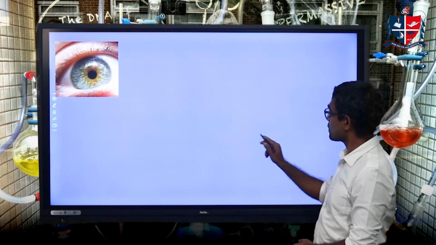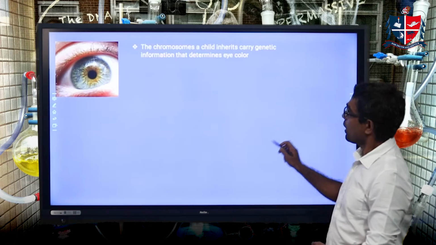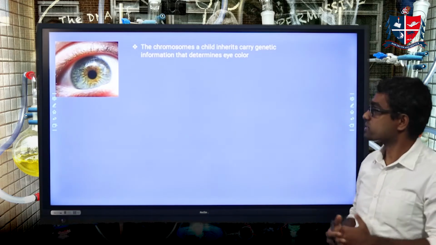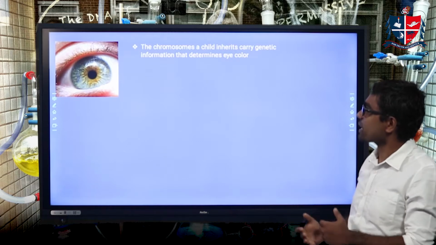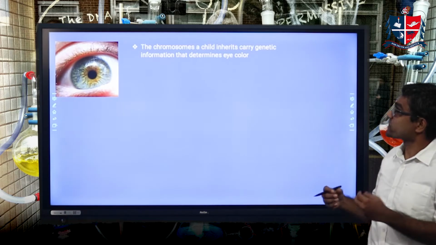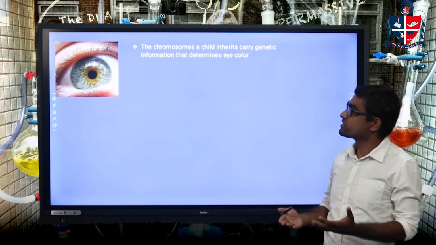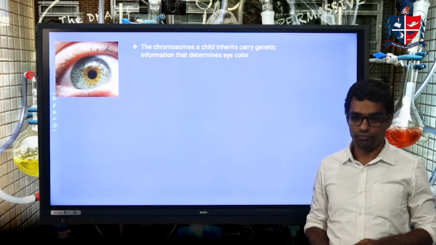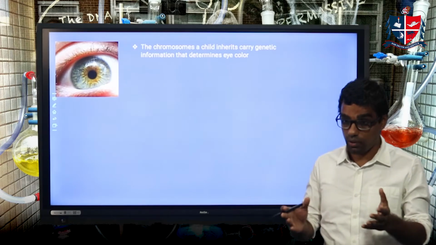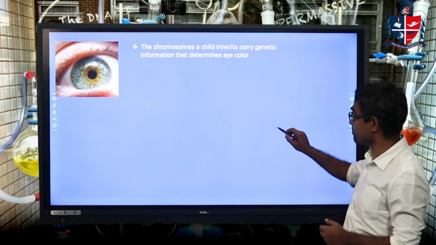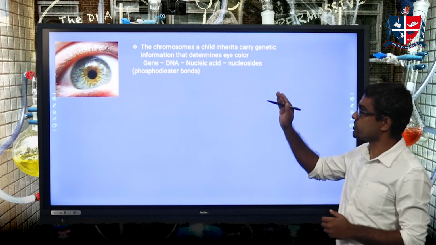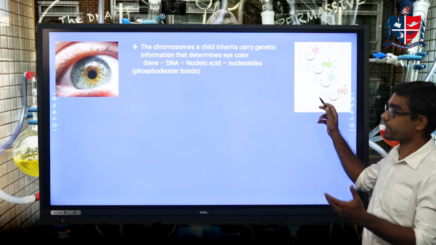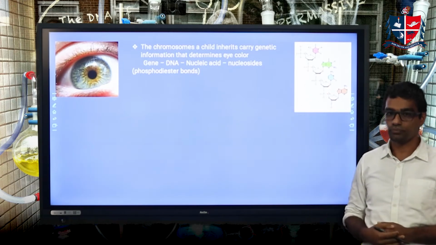If you are from a biological background, if you are a biologist, then you may say that the chromosomes a child inherits carry genetic information that determines your eye color. That means genetic means DNA, gene, nucleic acid. And if I show the structure of nucleic acid, it will be like this.